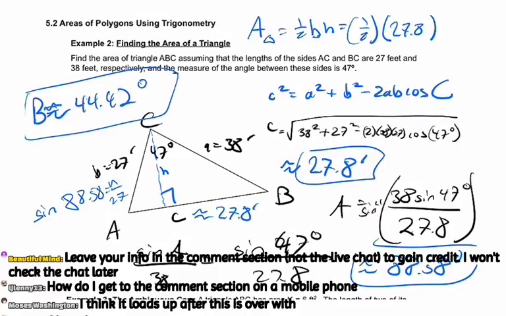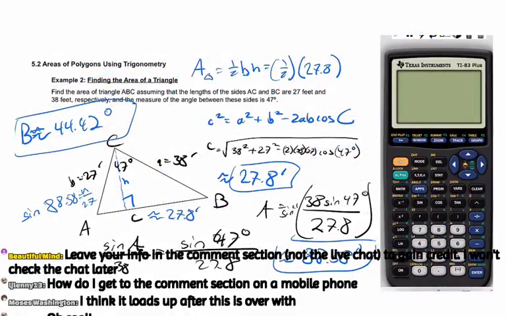I know there's a lot going on there. To solve for the height, it should be 27 times the sine of 88.58, and we need to be in degrees mode.